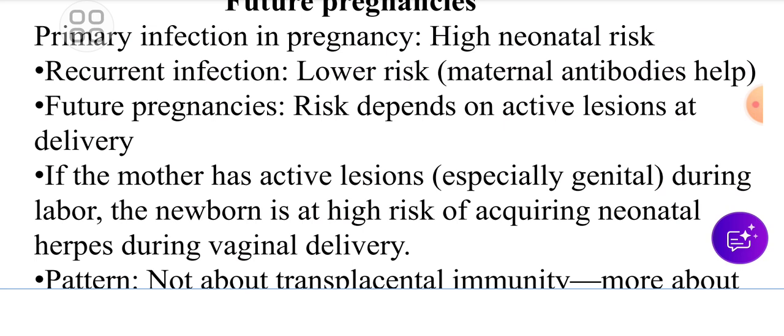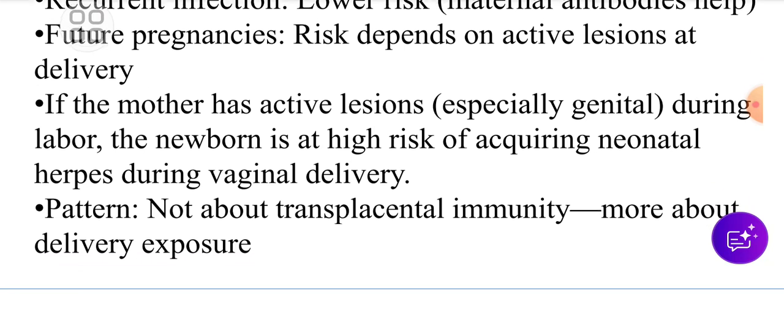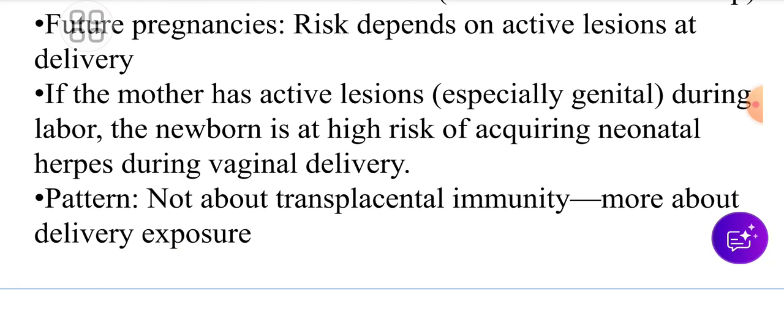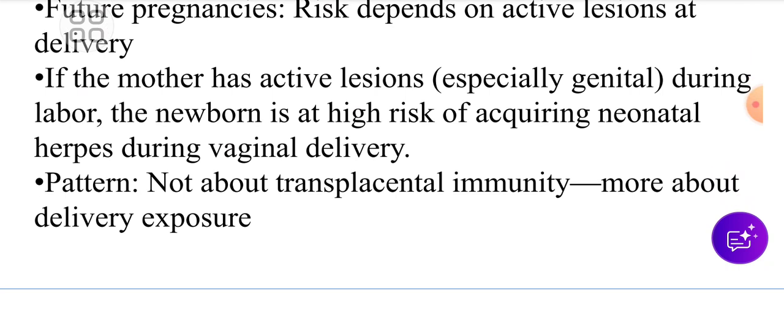Sometimes the baby may be born by cesarean section to avoid infection by herpes simplex. So the pattern is not about transplacental immunity. It is more about exposure during delivery.